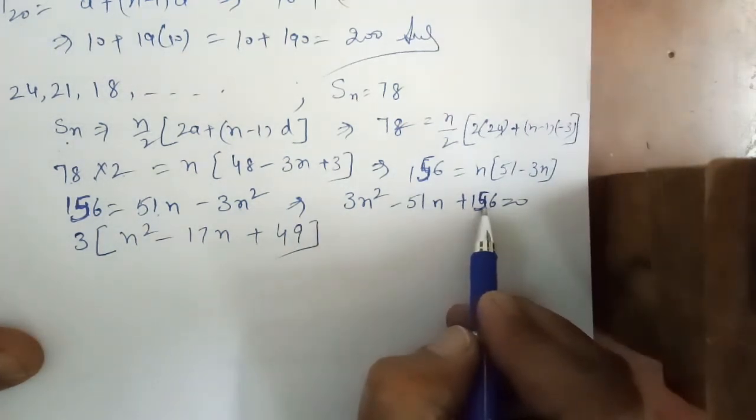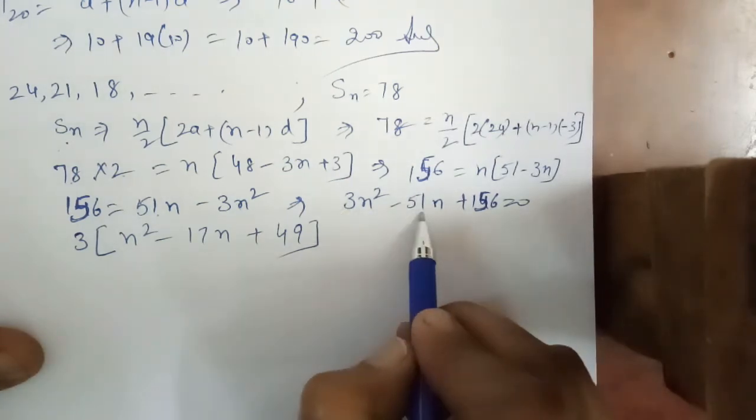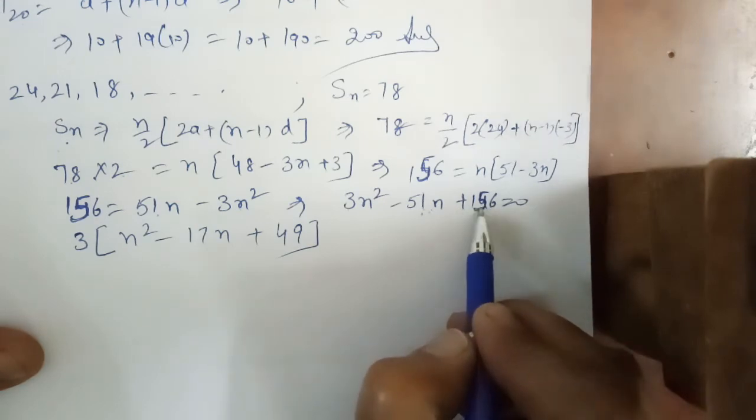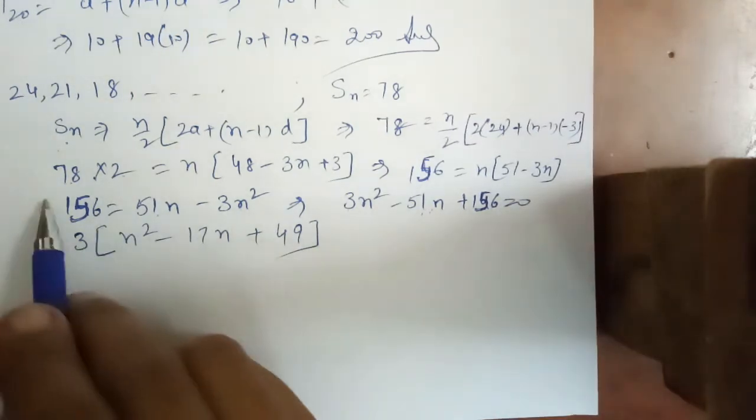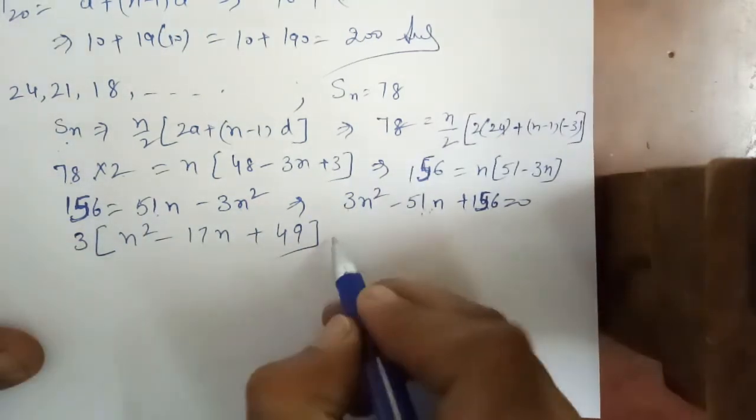It is wrong, because two terms have the same multiple of 3, so the third should also be a multiple of 3. If not, we can adjust it here, or use the discriminant formula. Otherwise, check the adjustment, then solve it.